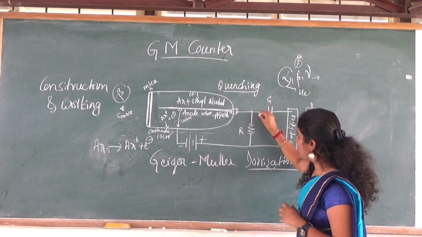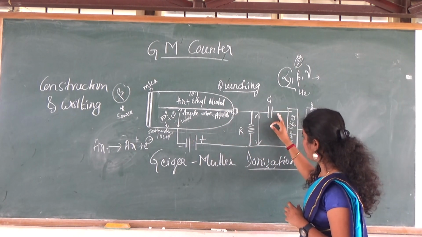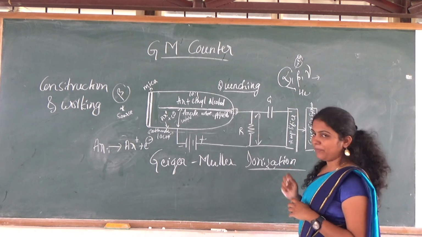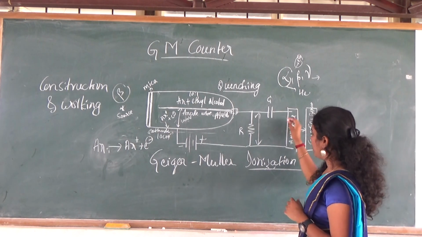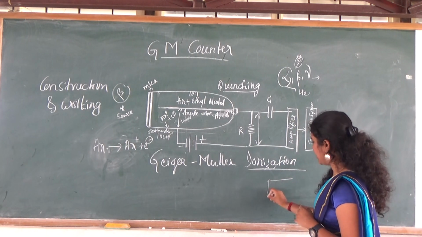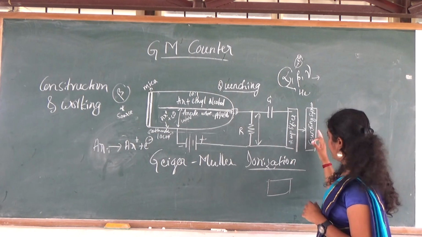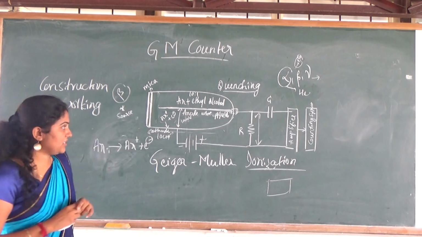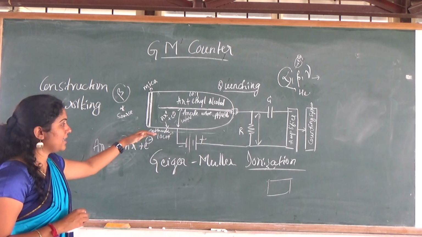The output count will be amplified by a proper amplifier circuit, and we will get a display about the count at the counting system. So this is the working.